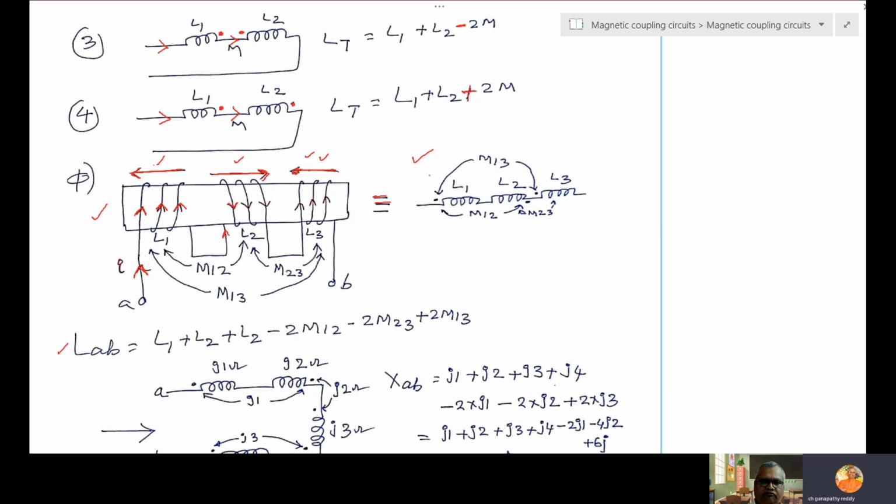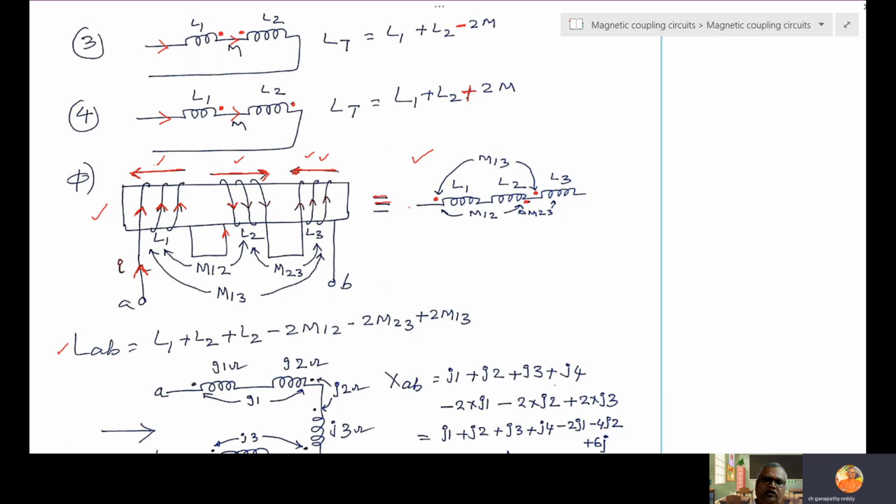When I take L1, if I place the dot at the first end, the second coil winding direction is changed, so the dot is shifted to the other side. The third coil direction is the same as the first coil, therefore the third coil dot is at the first end.